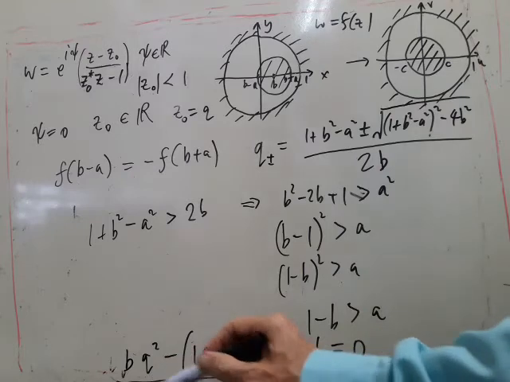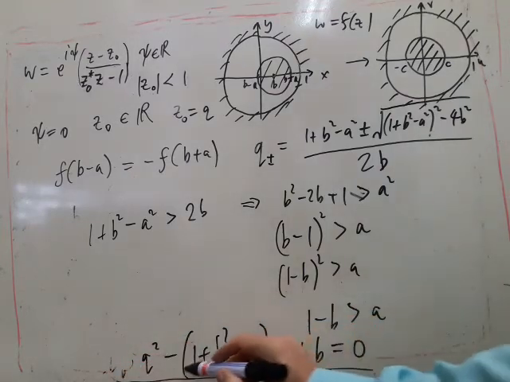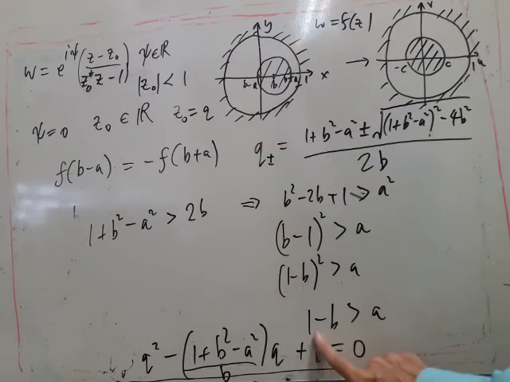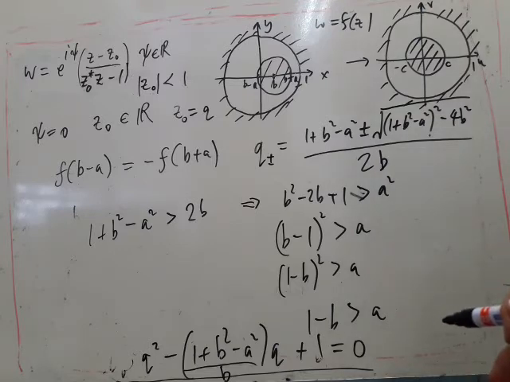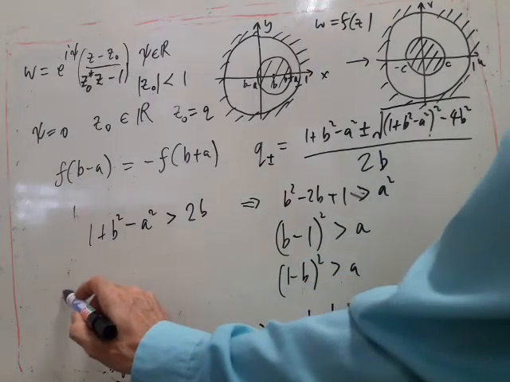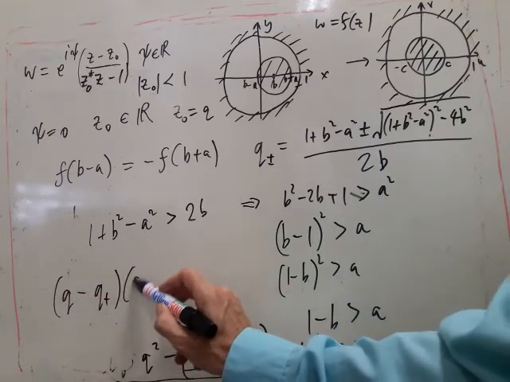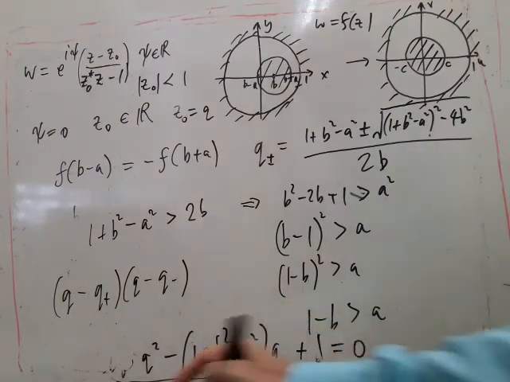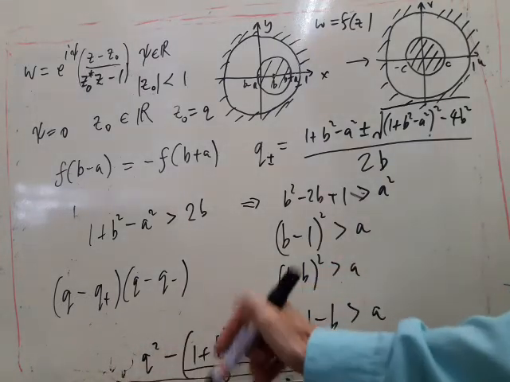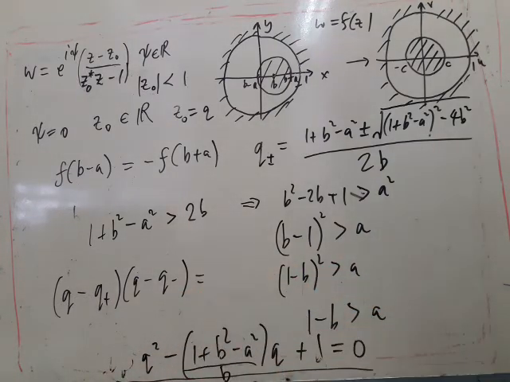Dividing by b, I'll get that. This I can write as q minus q plus times q minus q minus. That's the reason for dividing by b.